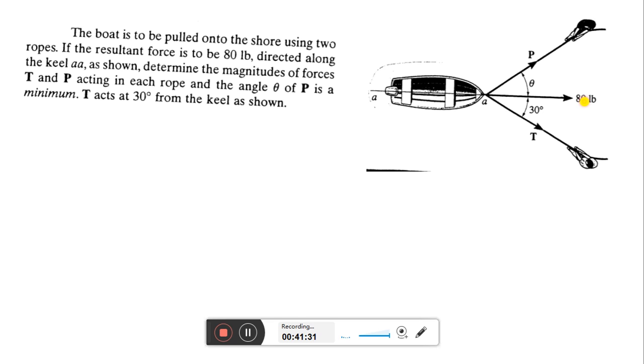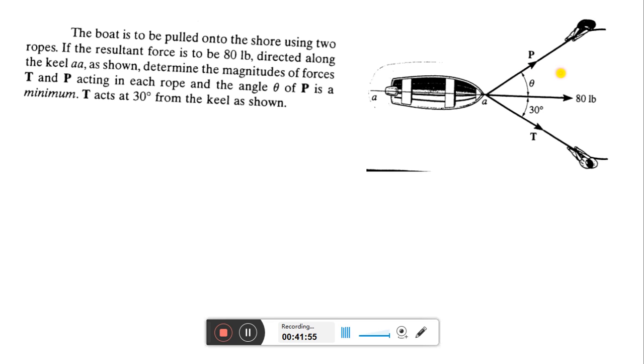Determine the magnitudes of the force T and P acting in each rope and the angle theta. This angle theta you also need to find if P is a minimum.